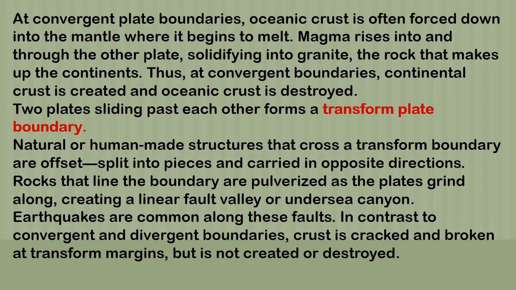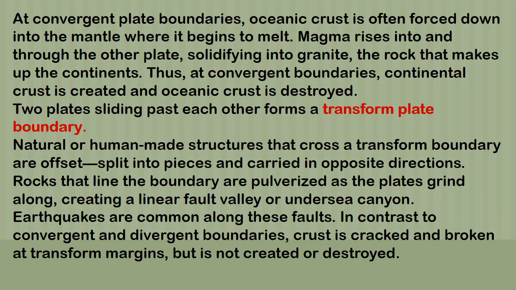Rocks that line the boundary are pulverized as the plates grind along, creating a linear fault valley or undersea canyon. Earthquakes are common along these faults. In contrast to convergent and divergent boundaries, crust is cracked and broken at transform margins, but is not created or destroyed.